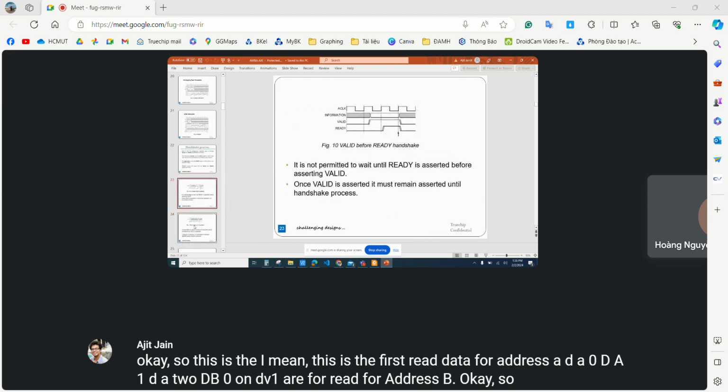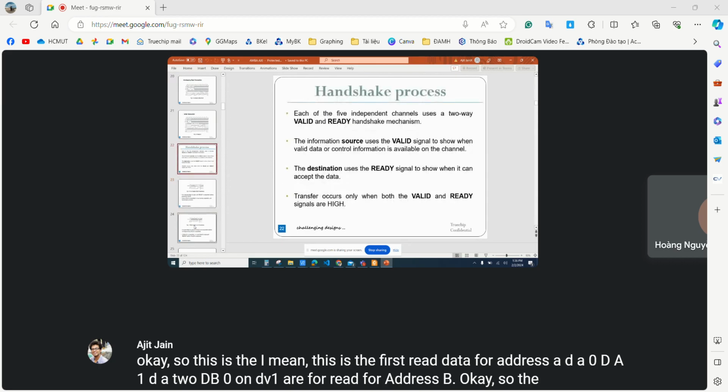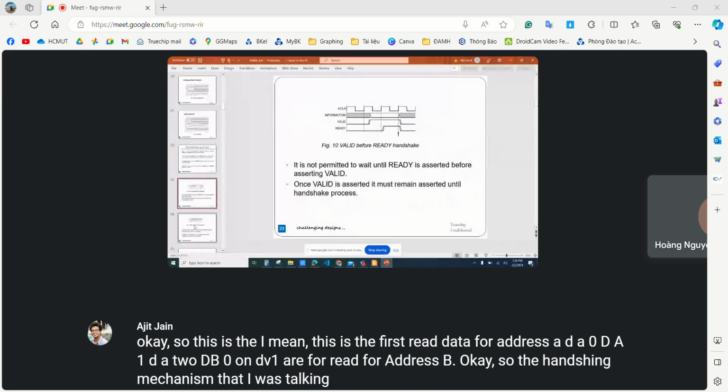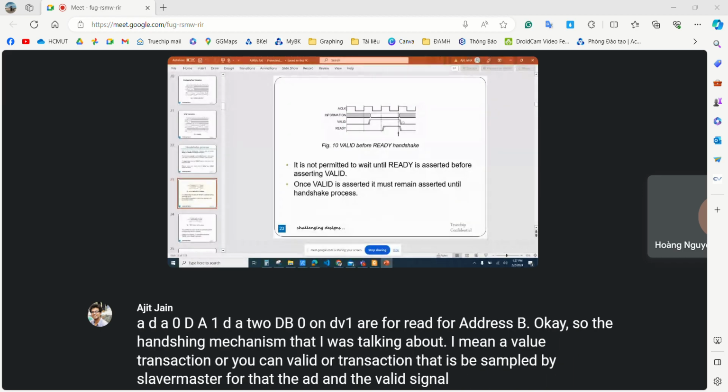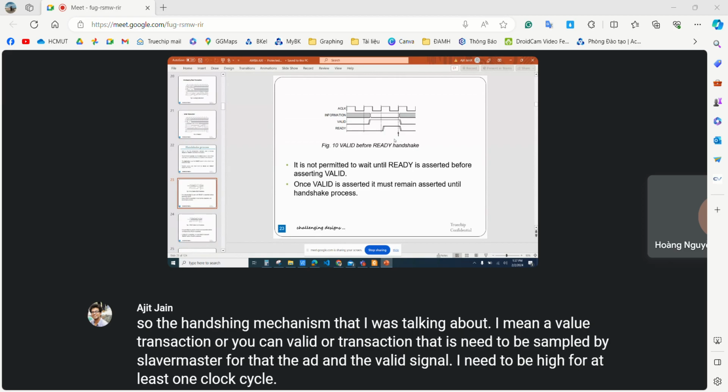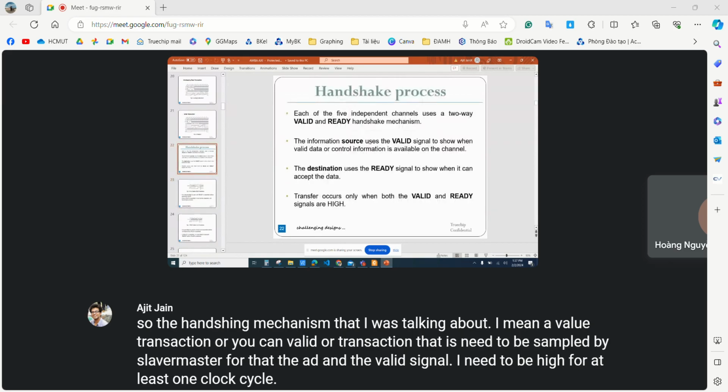Okay, so the handshake mechanism that I was talking about: for a valid transaction to be sampled by the slave or master, the ready and valid signals need to be high for at least one clock cycle.